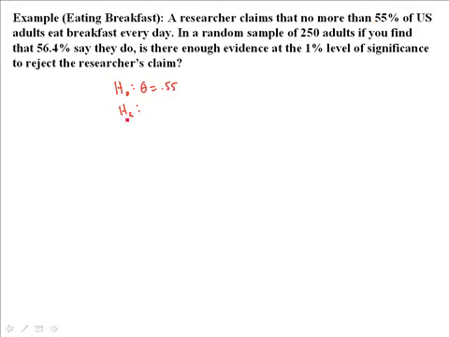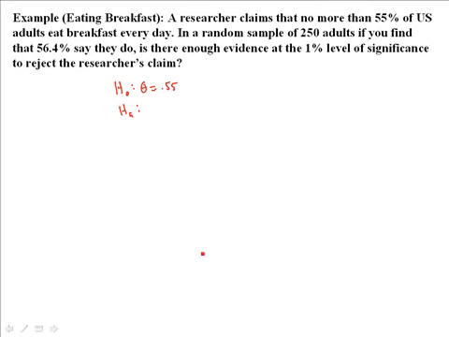Now, if we're going to think about the alternative to that, if the null is at no more than 55%, then you have to deal with the 56.4. The 56.4 is going to be the sample proportion, but I'm trying to think about what form the alternative hypothesis is going to have. So it's either that we're trying to show that the population proportion is not equal to 0.55, or it's bigger than 0.55, or it's less than 0.55.